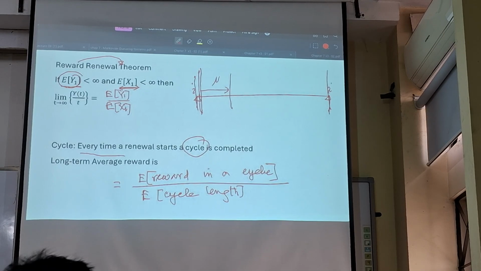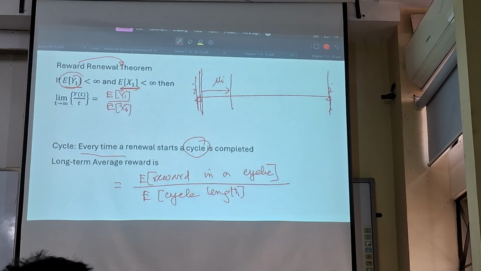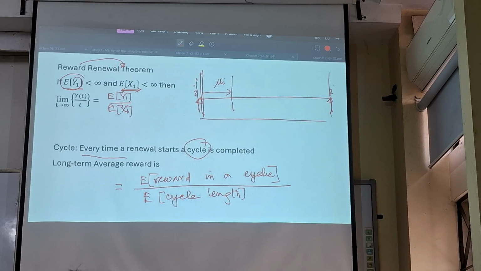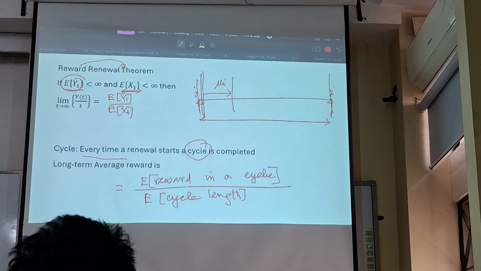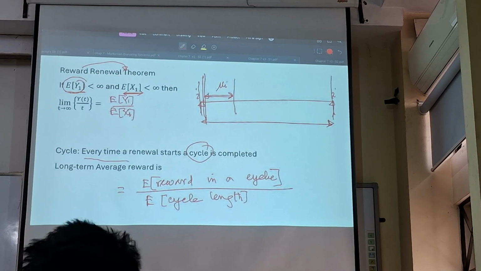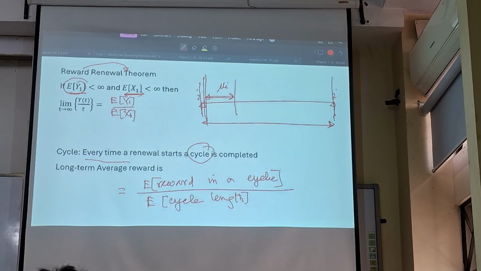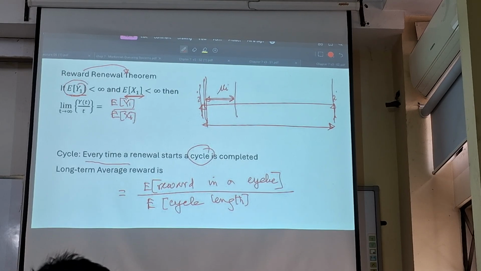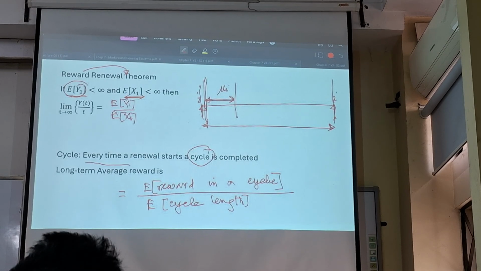What is this? Is this clear? This is the cycle and this is the reward. Is the question clear or not? This is the cycle length.